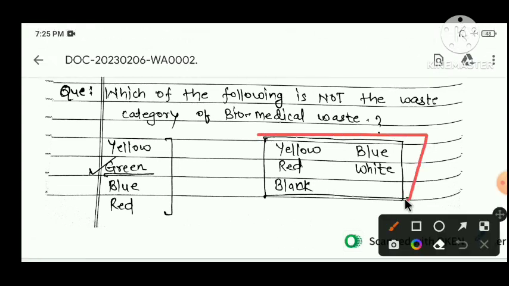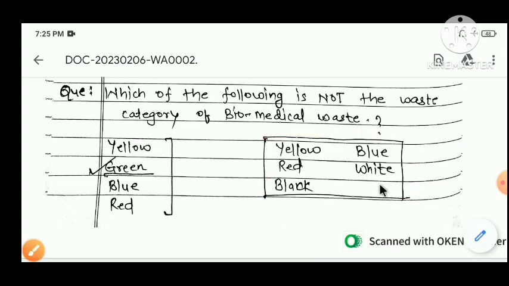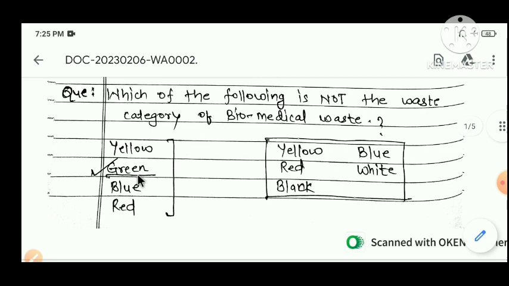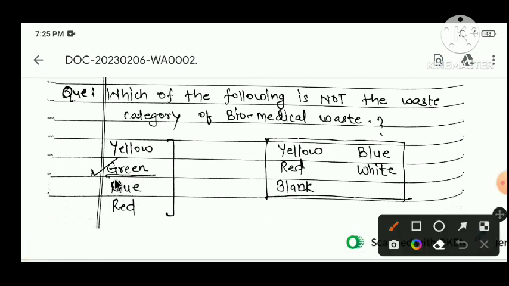Yellow, blue, black, red, and white. Any other color apart from these five will not be the answer. So from the given options, green was there, and so our answer will be green. Okay, green is your answer.